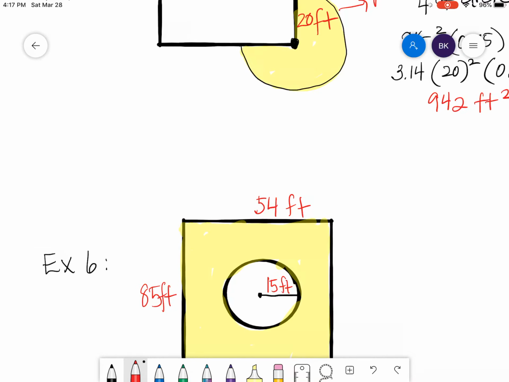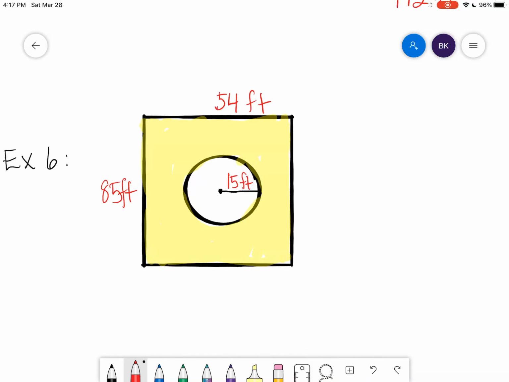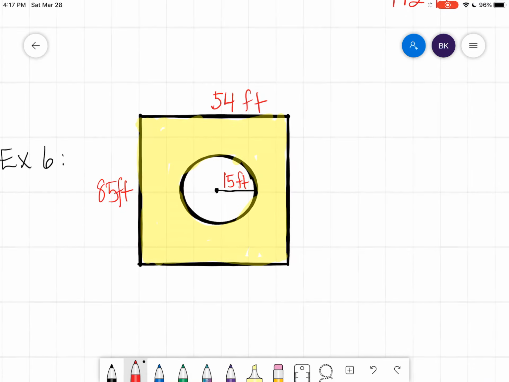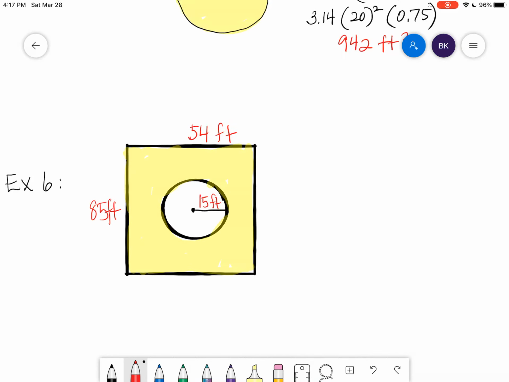Moving on to our last example in these notes, I need you to find the area of the shaded region. Now notice it's like a donut hole problem. I call it donut hole because you have a rectangle, and if you find the area of the circle and then subtract it from the rectangle, you will find the shaded area.